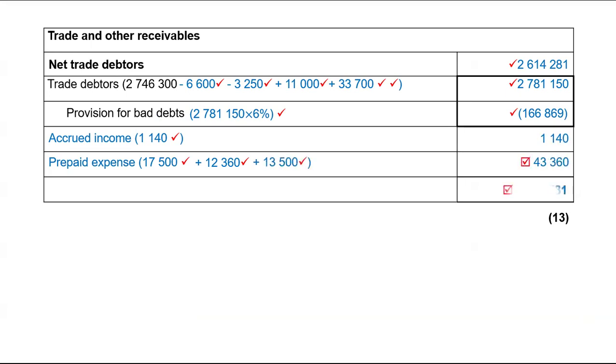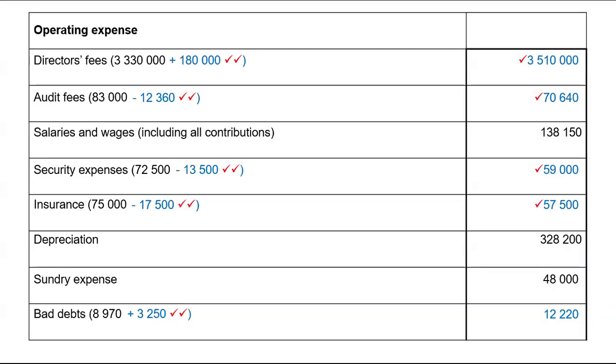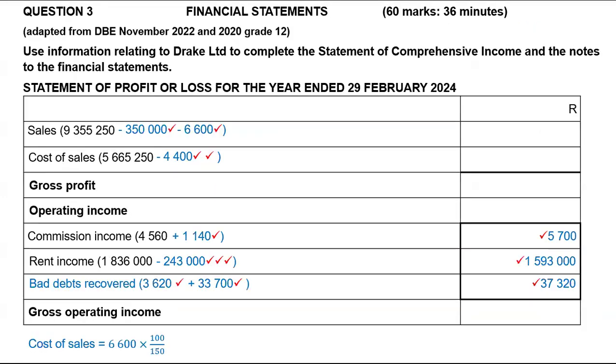Add everything up. Your total trade and other receivables will be 2,658,781. Add all your expenses up, and you will get 4,230,579. Take that and subtract it from your gross operating income.